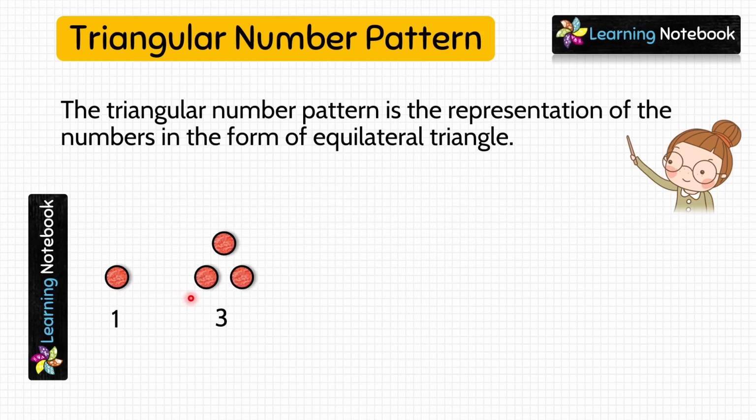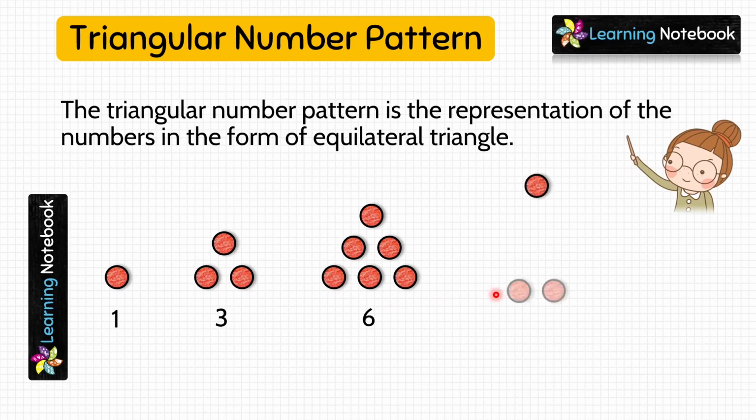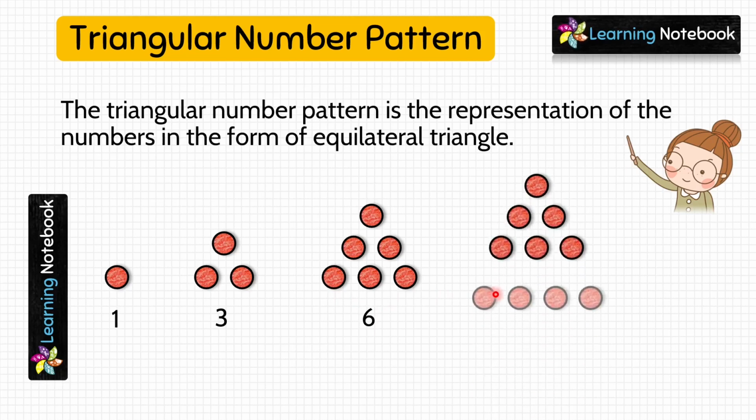Right? So we have pasted 3 bindis here. Next, let's make another equilateral triangle. For this, we will paste 6 bindis as shown here. Next, let's form another equilateral triangle by pasting 10 bindis.